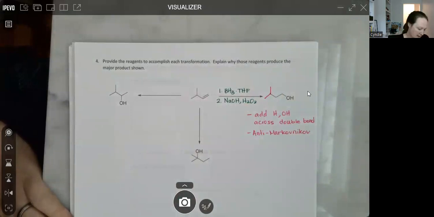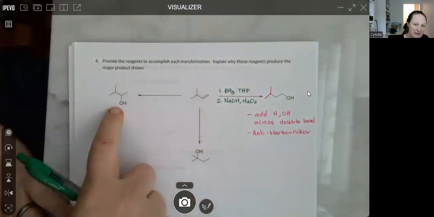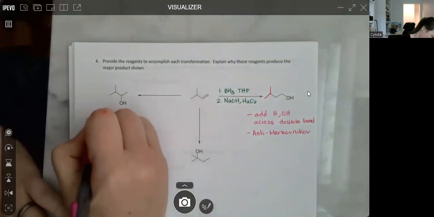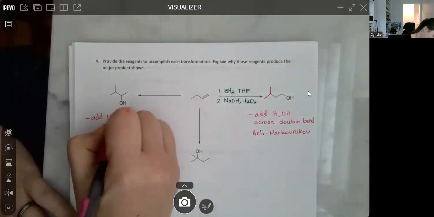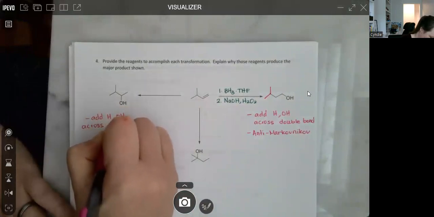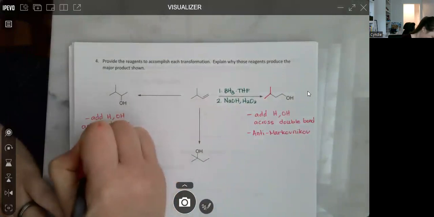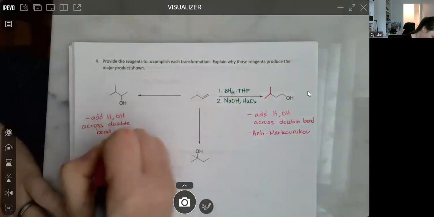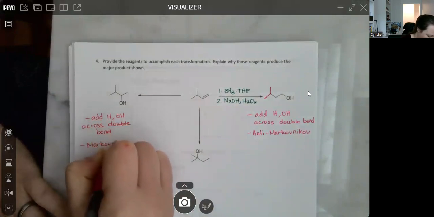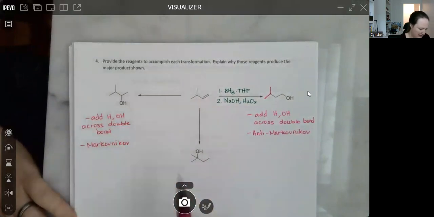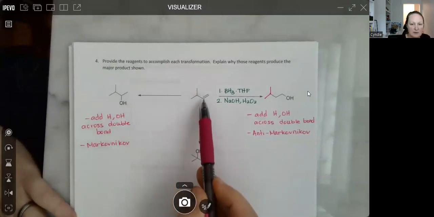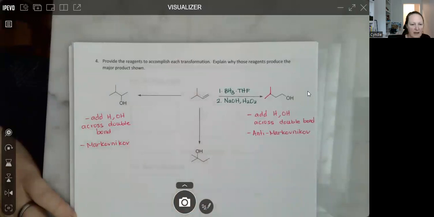And then going in this direction, we see we're also adding H and OH across the double bond. And now we have Markovnikov regioselectivity because the OH ended up on the more substituted carbon.